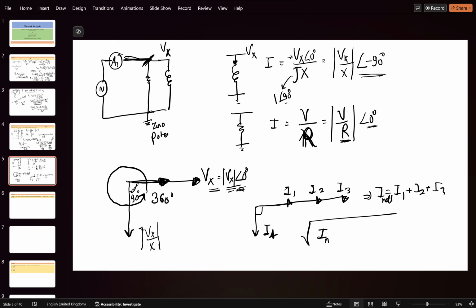Then you have to use the rectangular Cartesian formula: I net squared plus I4 squared plus 2 times I net I4 cos of the angle between them, the angle between I net and I4. You have to take care of the phases when different elements are connected. I hope you have got the point.